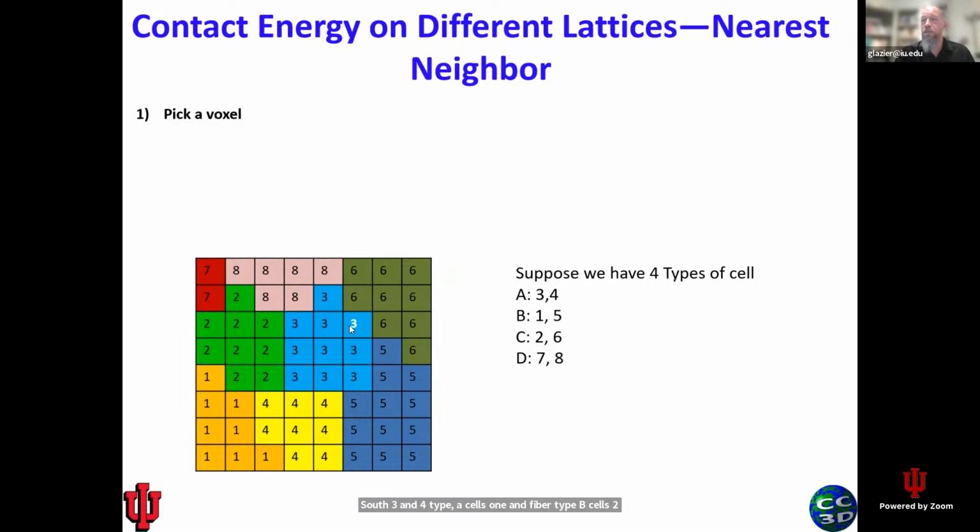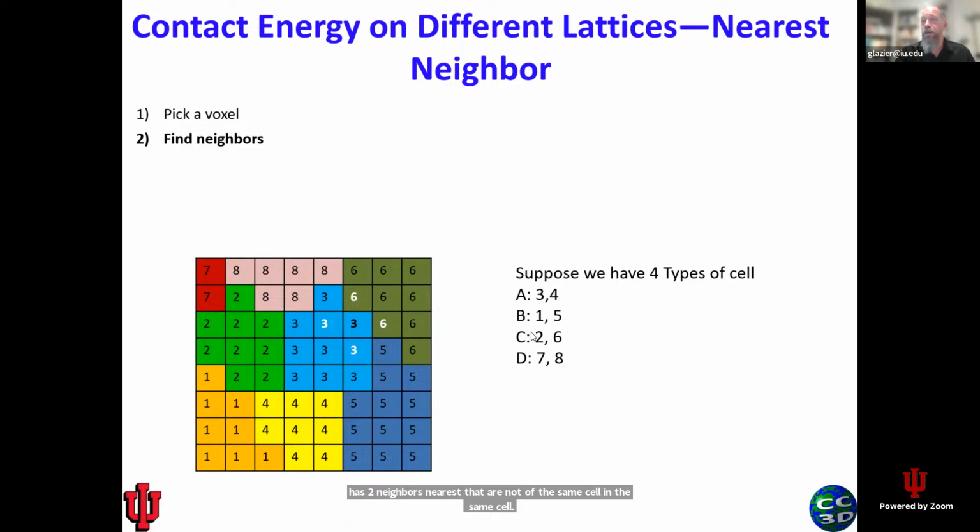And we can pick a voxel. Here's a voxel inside of cell 3. Its nearest neighbors are these 4 voxels. It has 2 nearest neighbors that are not in the same cell. We look up the cell type. Cell 3 is type A, cell 6 is type C, so we have boundaries between type A and type C.